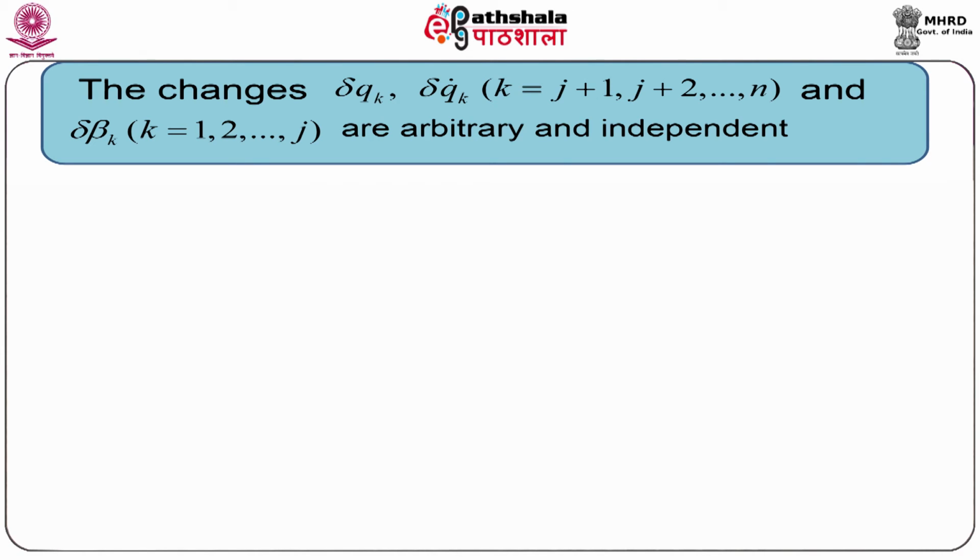Equation 4.6 involves changes delta qk and delta qk dot, where k varies from j plus 1, j plus 2 up to n, and delta beta k where k varies from 1, 2 up to j. These are arbitrary and independent variations.